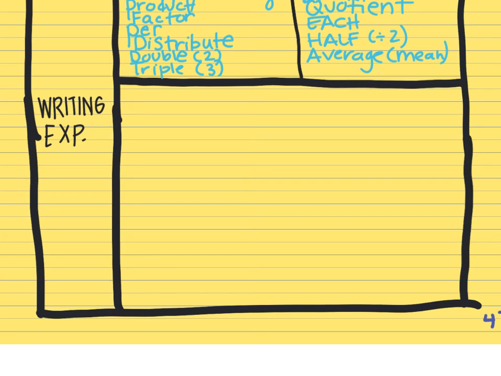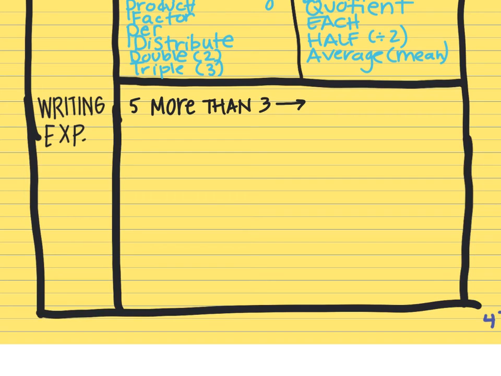So when we have an expression, we might be given something like this. Go ahead and write this down. 5 more than 3. What we need to do is take this from a sentence or a phrase to an expression, okay?